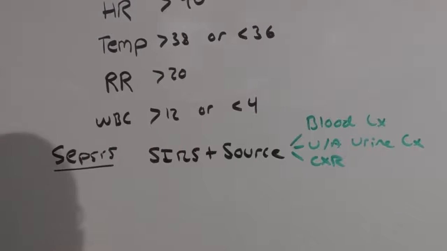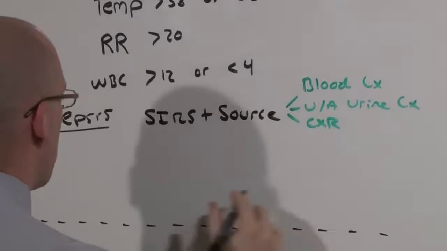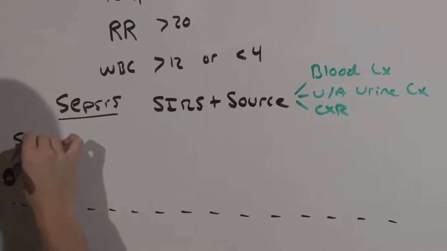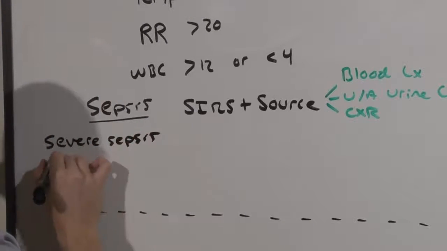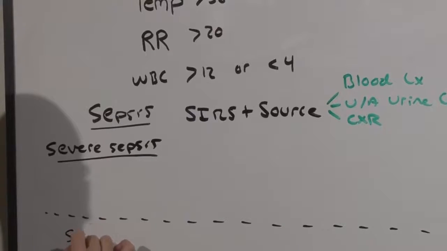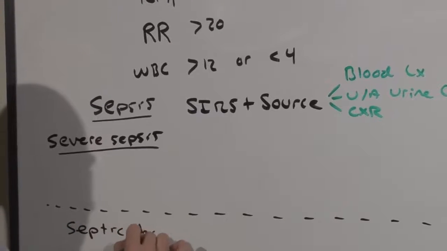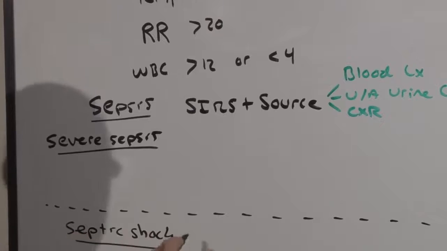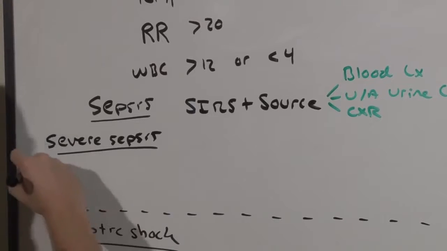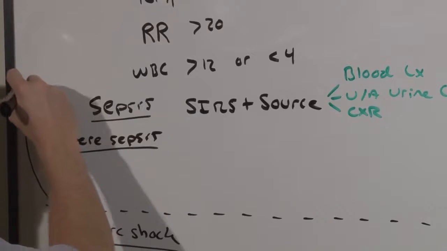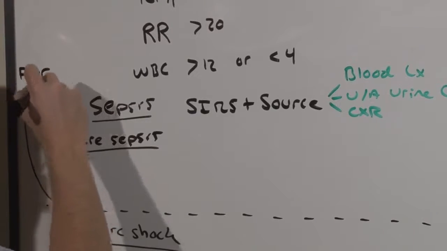The big difference is between someone who has severe sepsis and someone who is in septic shock. The difference being the dashed line. Anyone on this side of the dashed line goes to the floor.